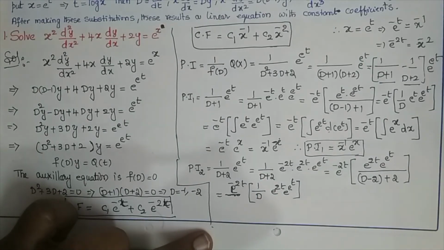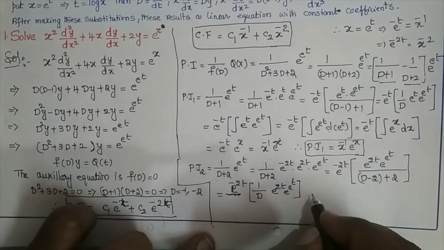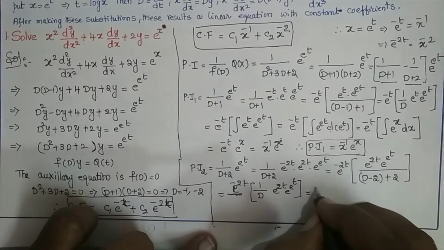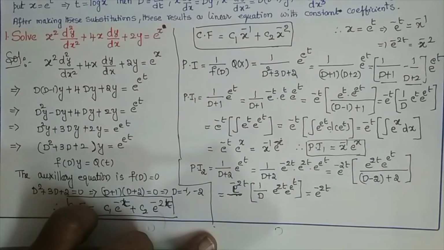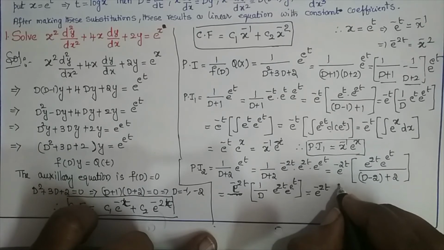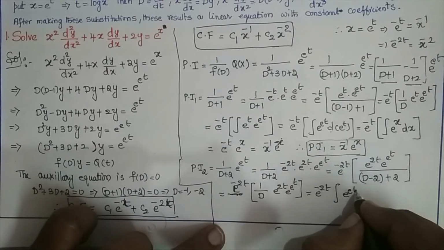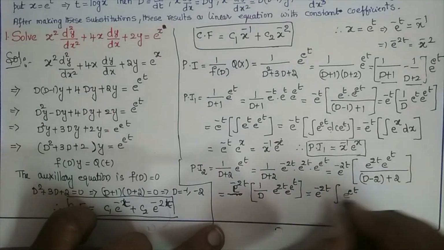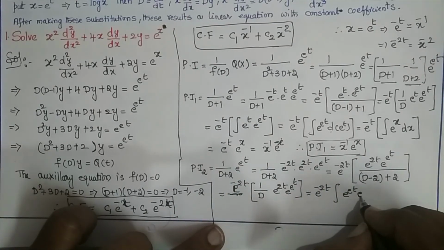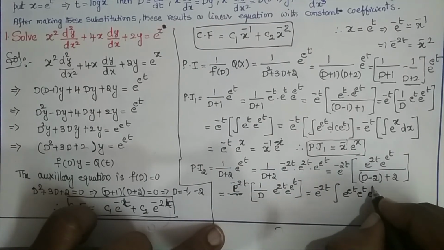Again it is in the form of integration, so for our convenience, without disturbing the mathematical rules, it can be written as integral e^t as it is. I don't want to change this one. e^(2t) can be written as e^t into e^t.